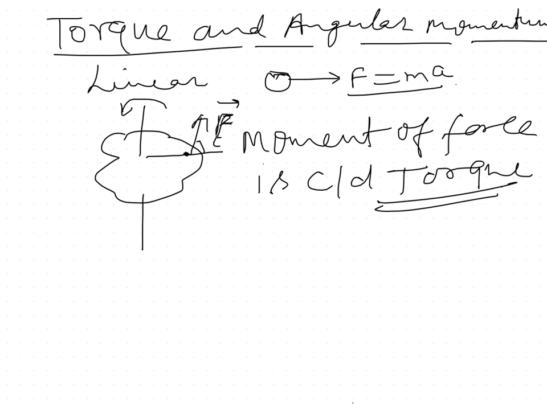First is the distance where we are applying force. Second is the magnitude and direction of the force, and third is the angle between the distance vector and the force vector. These three terms combine to form a new quantity called torque. So we will study this torque.